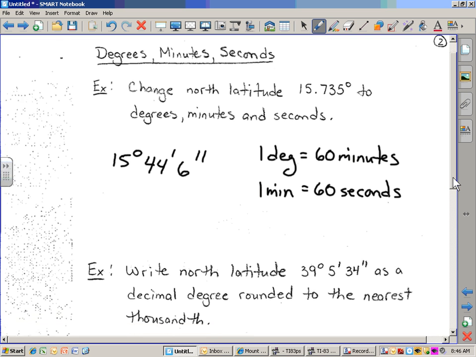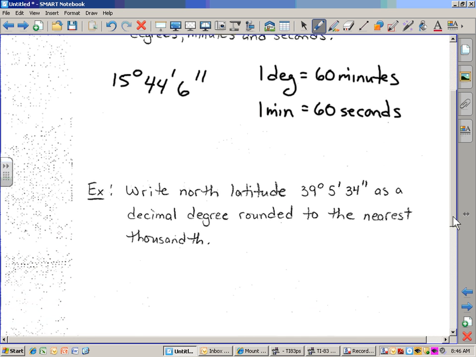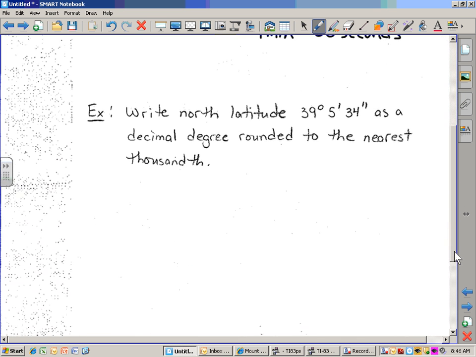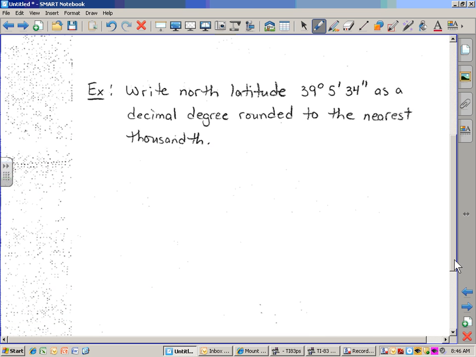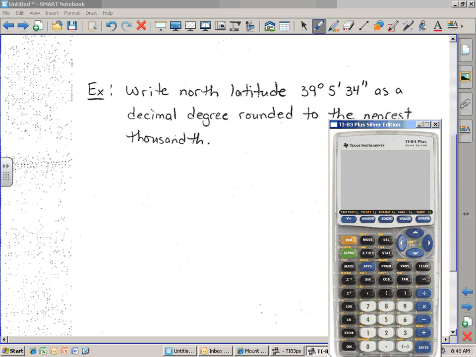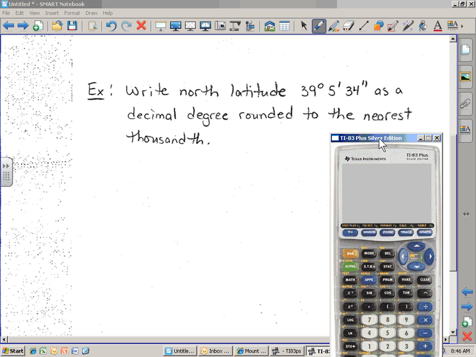All right, let's go the opposite direction now. We're going to convert DMS to decimal degree. Again, we'll start with technology. Give you a second to copy this down.